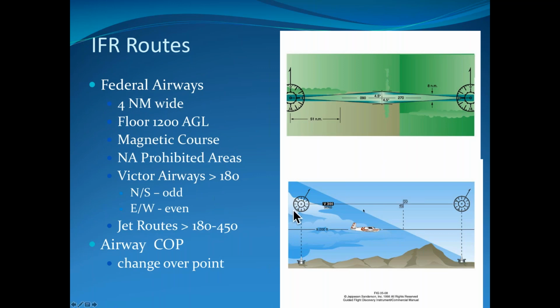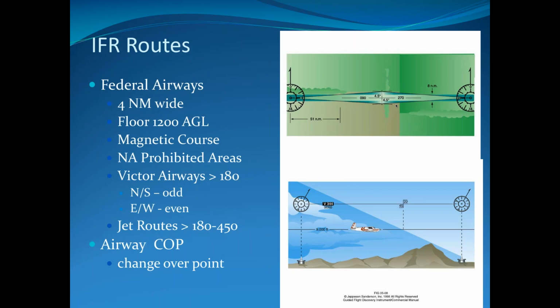They use magnetic course. If you look at this course right here, you can see that it has this degree or radial that you're going to fly. It's the 270 radial off of here, or the 090 radial. Those are being shown as magnetic course.